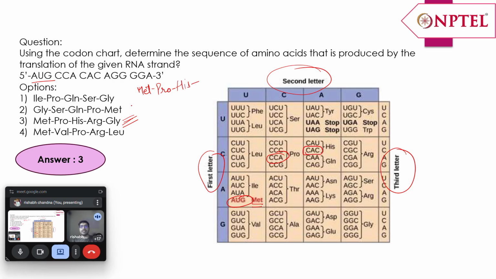Then AGG. This would code for arginine. And the last one, GGA. This would code for glycine. Okay, so the correct option would be option number 3. Okay, is the explanation fine?